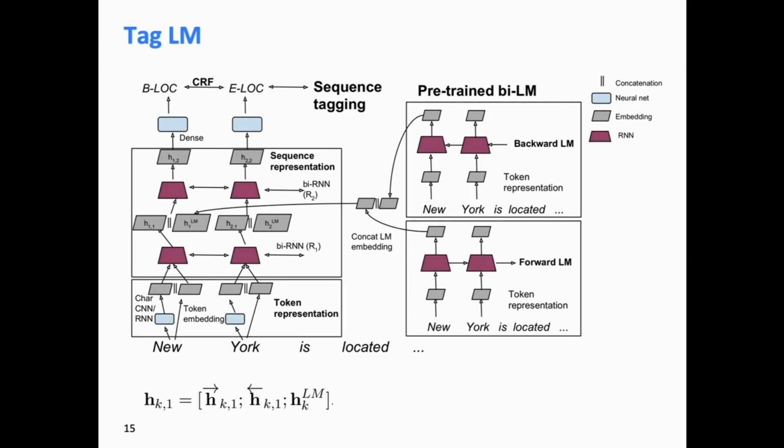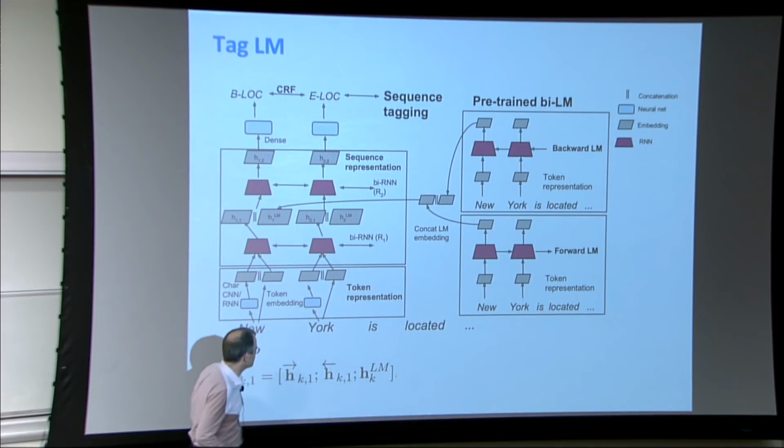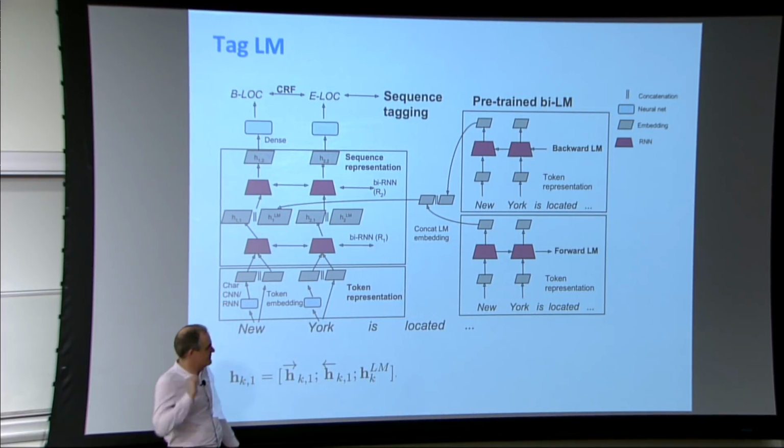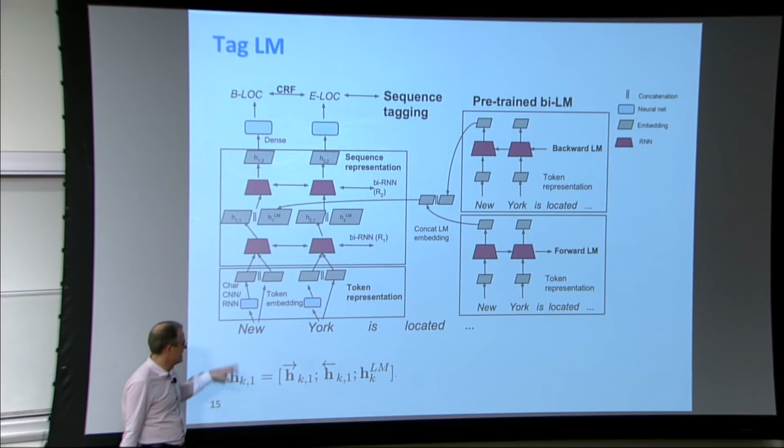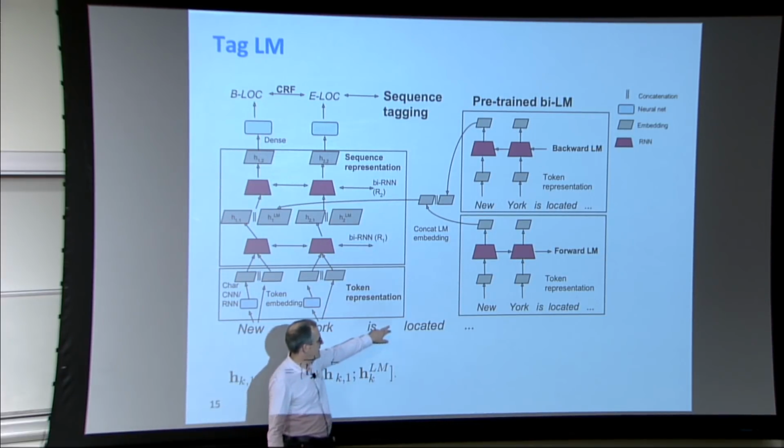Here's a second picture that runs this through in much greater detail. We're assuming that we have trained a biLSTM language model on a lot of unsupervised data. Then we want to do named entity recognition for New York is located.